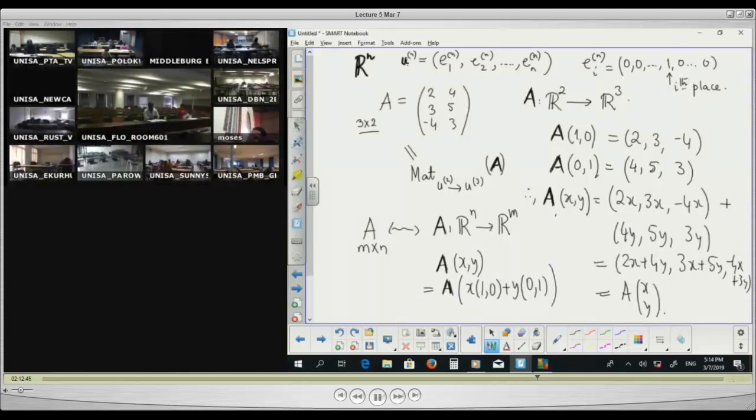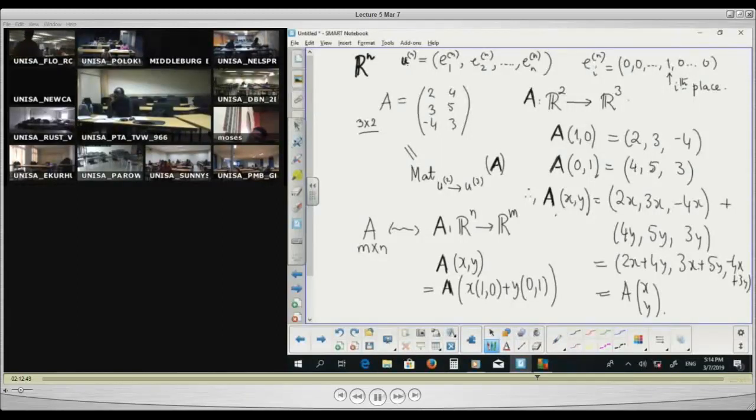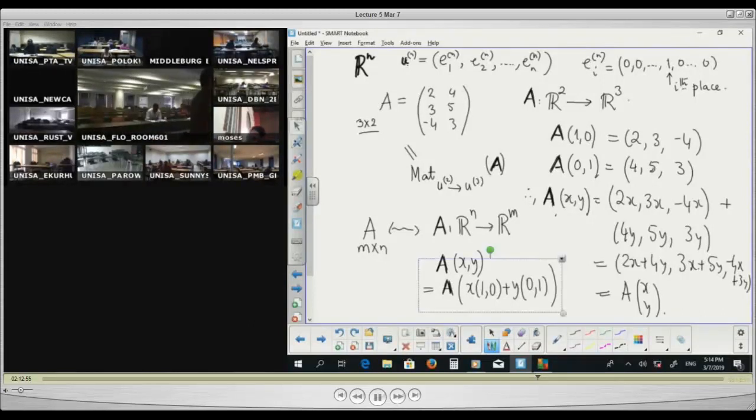And how do you get this? It is nothing else but A multiplied by this; I have written this as a column vector, as I said. Points of Rn, if I want to look upon them as a matrix, I shall look upon as a column vector.